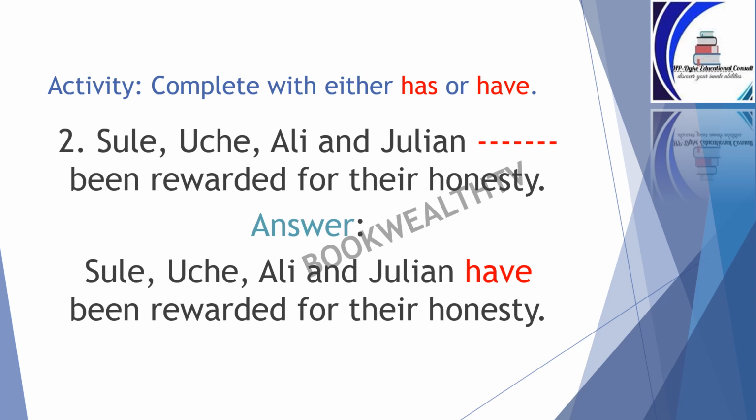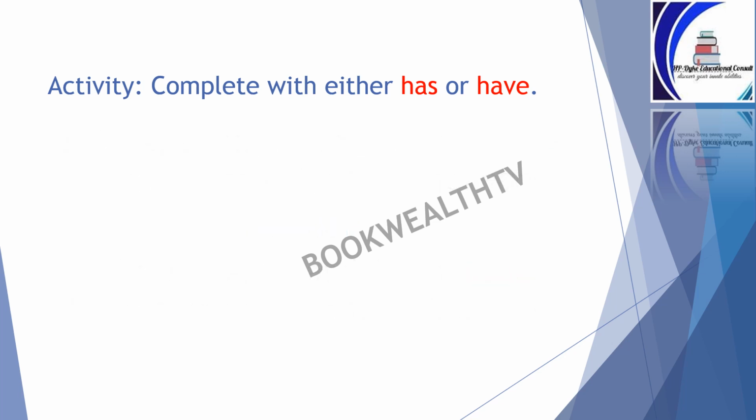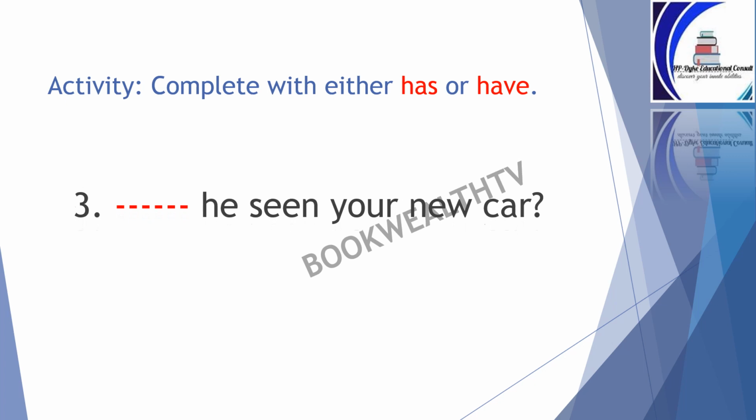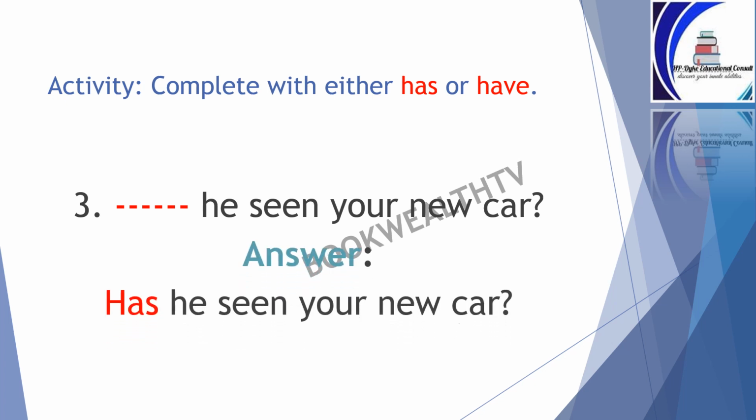It is because there is a plural subject. Sule, Uche, Ali and Julian form the subject. Activity 3. Complete also with either has or have. Dash he seen your new car? The answer is has. Has he seen your new car?